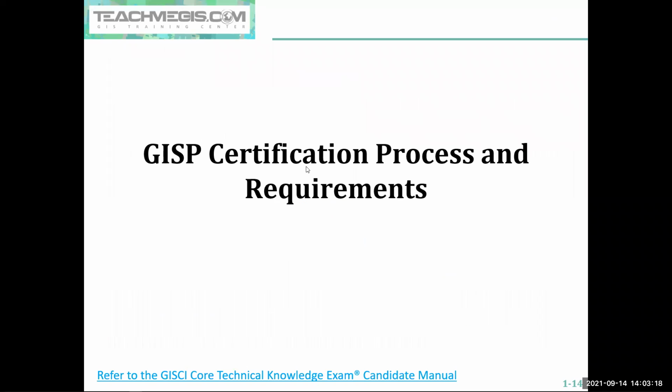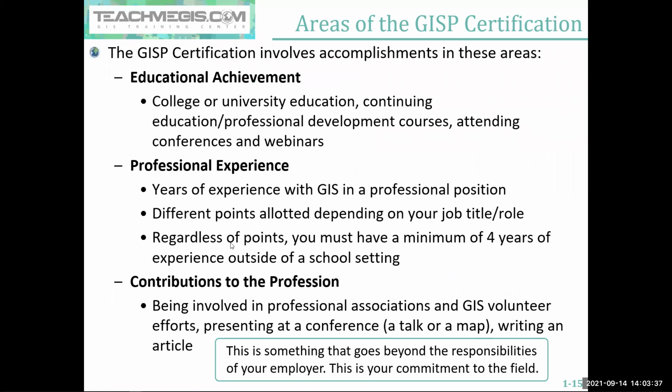Okay, so let's talk about the GISP certification process and requirements. Be sure to refer to the GISCI Core Technical Knowledge Exam Candidate Manual to read all the details about preparing for the exam. The GISP certification involves, now this is just the certification, not the exam alone, right?